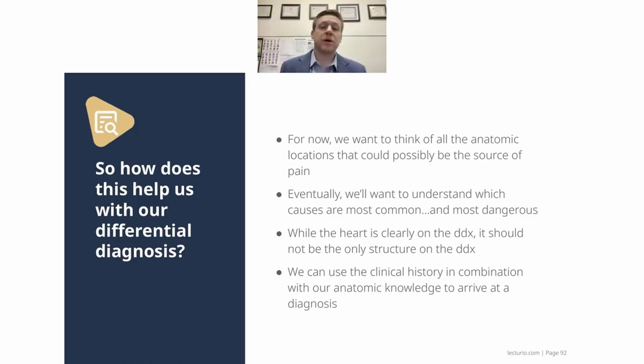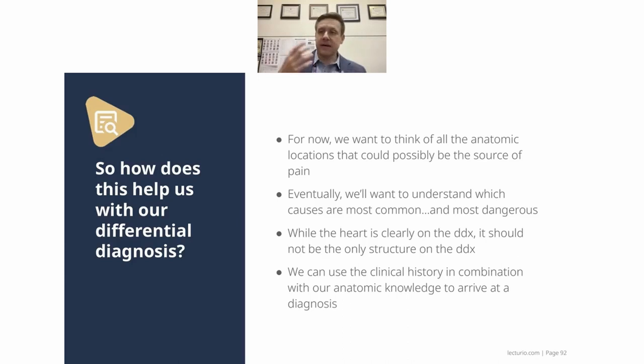And by the way, I purposely put DDX just in case some of you haven't seen that shorthand, kind of get you introduced to some of this medical shorthand that we don't always describe. So that's just for differential diagnosis. Now, again, we're going to use our clinical history in combination with our anatomy knowledge to help us arrive at a diagnosis.